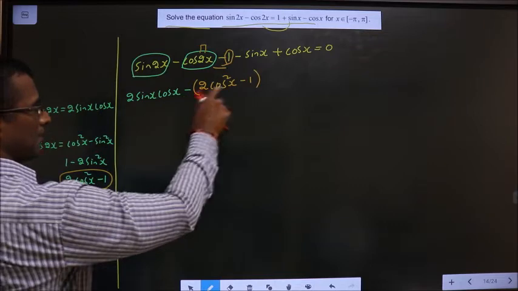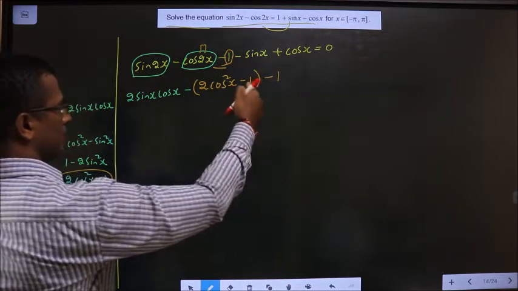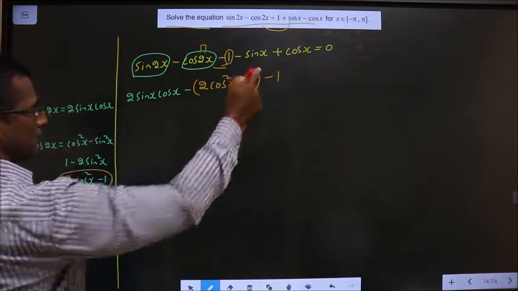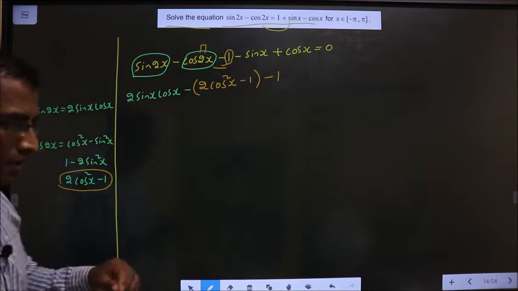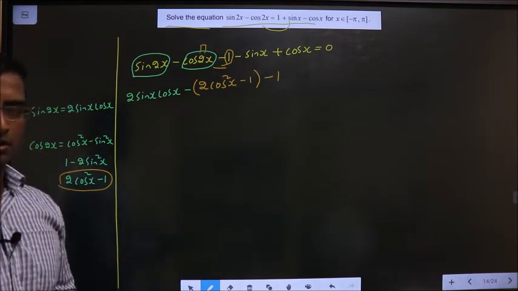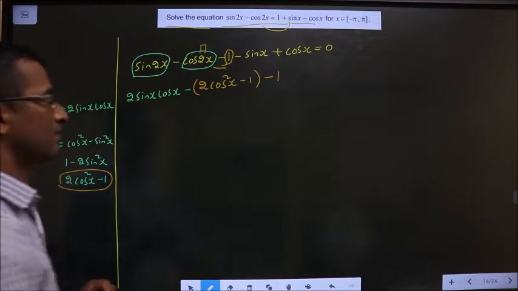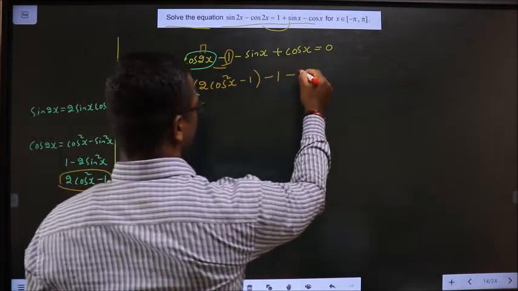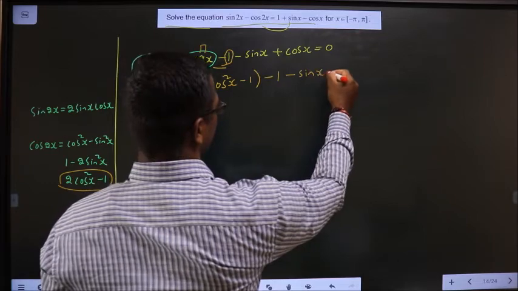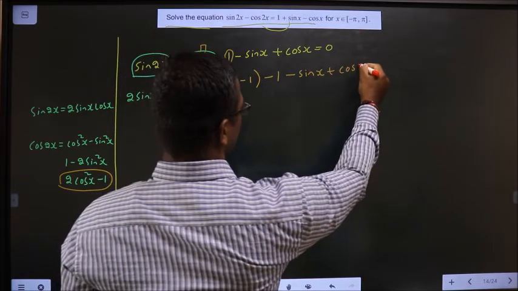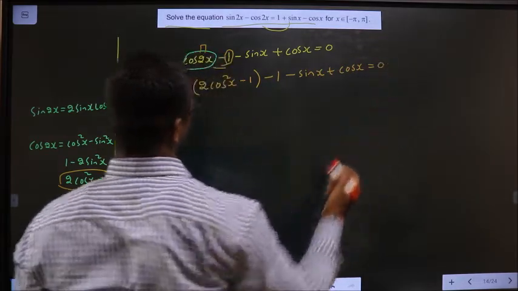Clear? Minus times minus is plus 1, and plus 1 and minus 1 will get cancelled. Use the formula for cos 2x in such a way that 1 gets cancelled. Next, here you cannot do anything, so write as it is. Sin x plus cos x equal to 0.